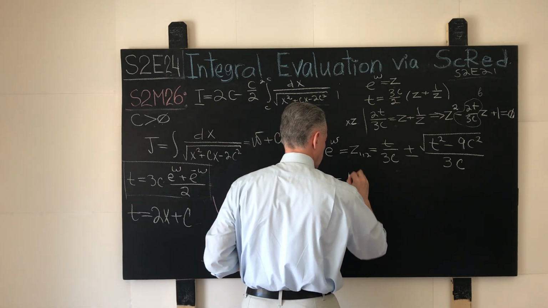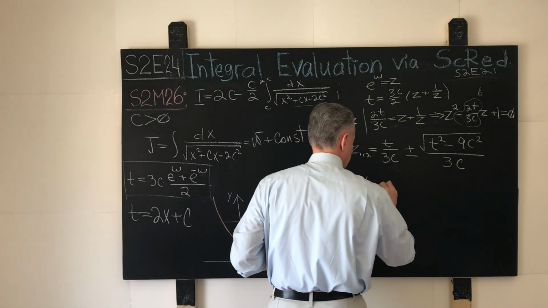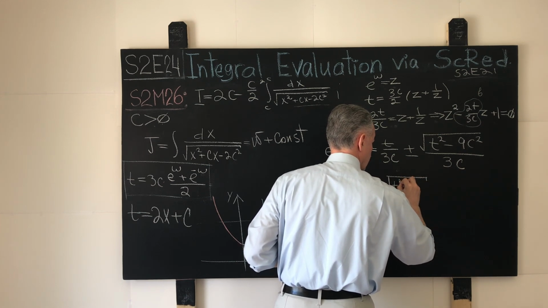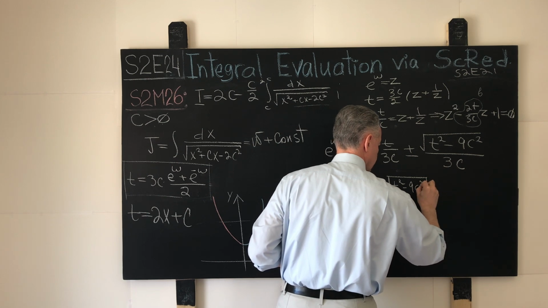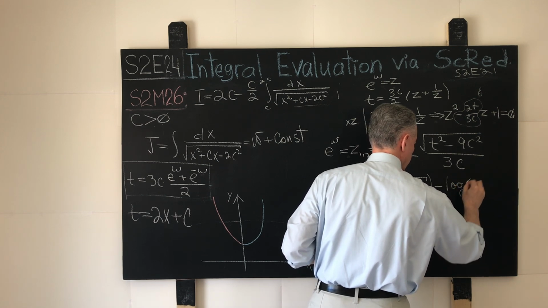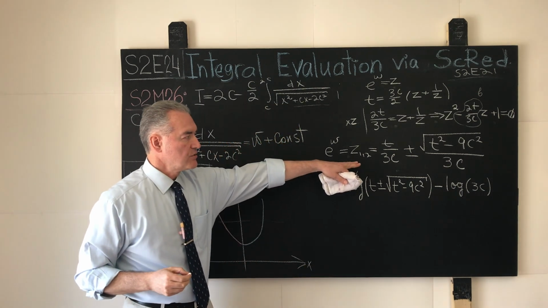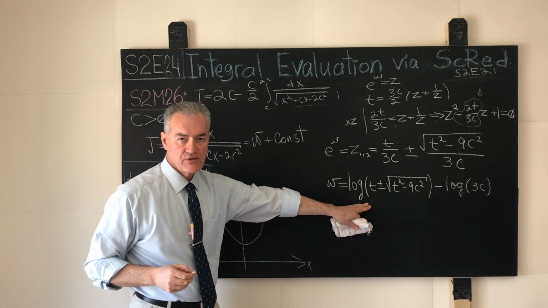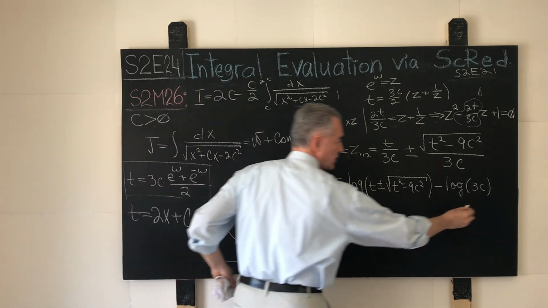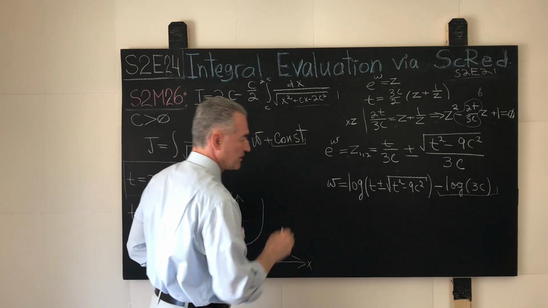It will be w equals the logarithm of t plus minus square root of t squared minus 9c squared, minus the logarithm of 3c, and we'll see in a moment why I moved out the 3c from the expression in the logarithm over here. Why did I do it? Precisely because this term right here will be absorbed by the constant of integration. We do not care about it.